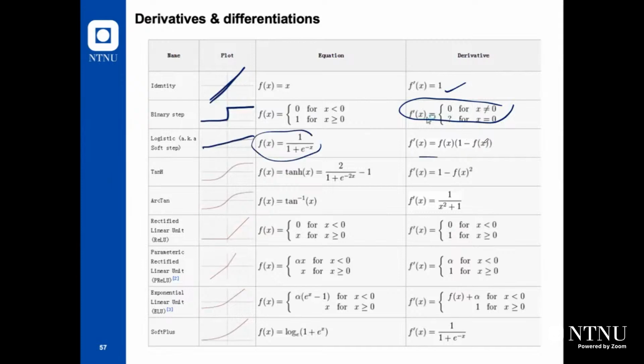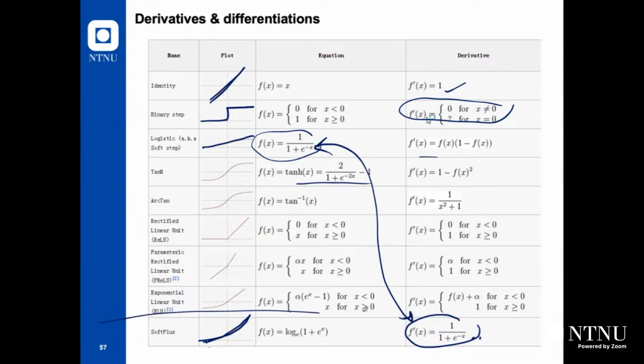It will be f times 1 minus f. Hyperbolic tangent, for example, and so on, until we have this soft plus. And this is the first derivative of the soft plus function, which will be a sigmoid. If you compare this one with this one, you see that, in fact, the first derivative of the soft plus is a sigmoid function.